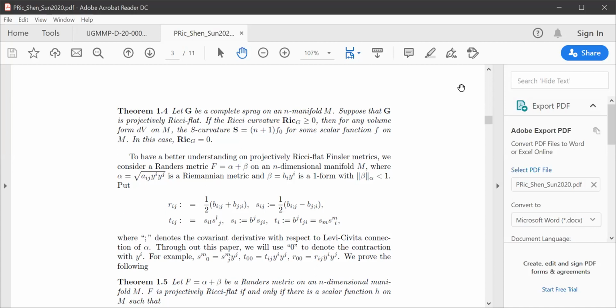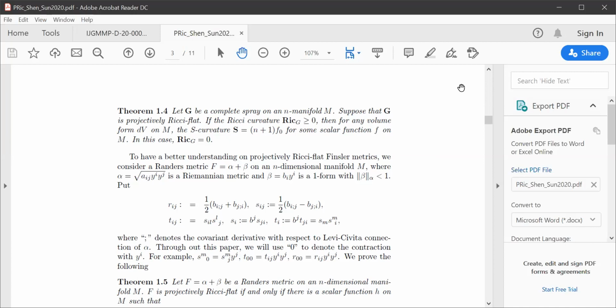And in this case, actually, the Ricci curvature of G must be 0. So it must be satisfied. But for a non-complete spray manifold, this is not true.